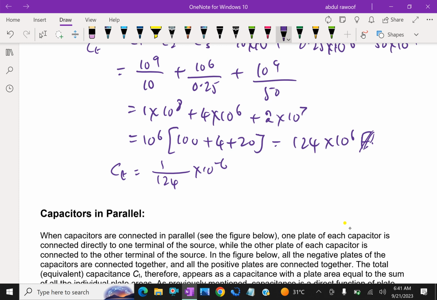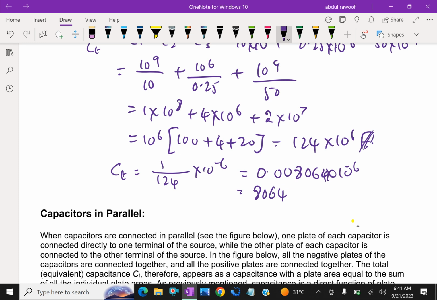One divided by 124 is equal to 0.00806 into 10 power 6, which is equal to 8064.